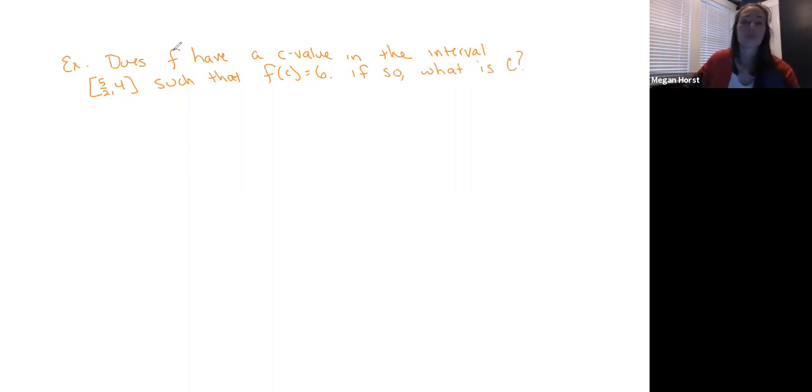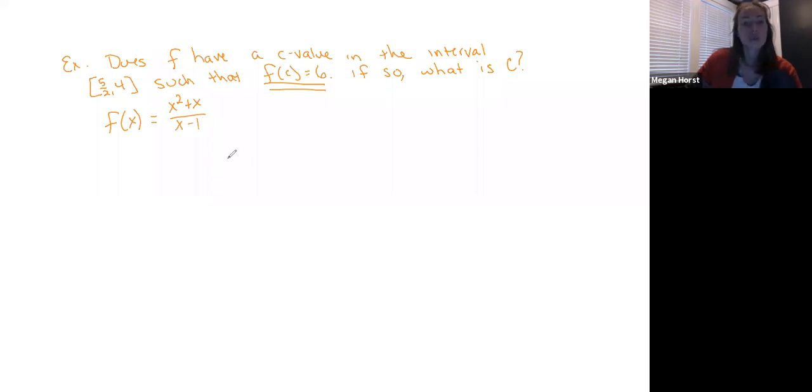All right, so first we need to know, does f have a c value on this interval such that f of c equals 6? So this should be kind of our radar that we're applying the intermediate value theorem. So what we're going to do first is we need to make sure, oh, and I need to tell you the function. Our function is f of x equals x squared plus x all over x minus 1.